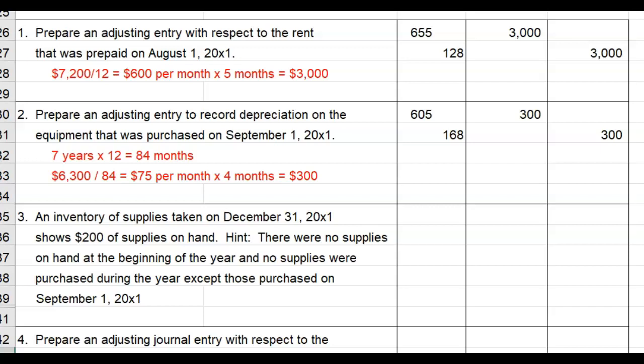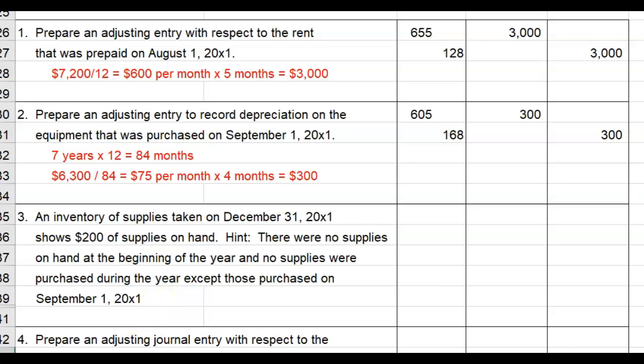Okay, let's continue. An inventory of supplies taken on December 31st, 20X1 shows that $200 of supplies were still on hand. I'll give you a hint. There were no supplies on hand at the beginning of 20X1, and no supplies were purchased during the year except those that were purchased on September 1st.